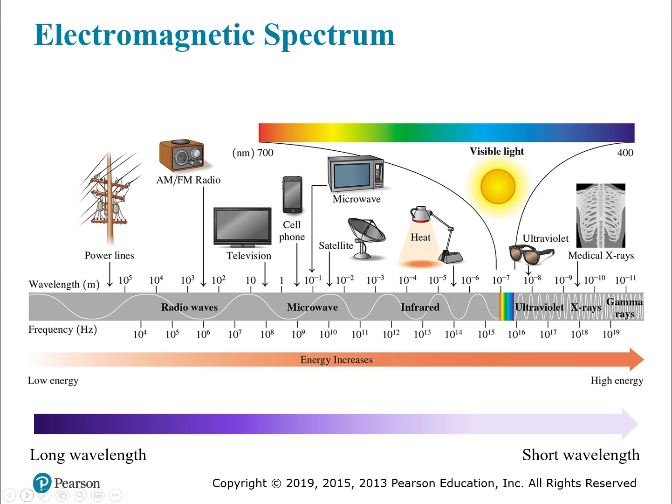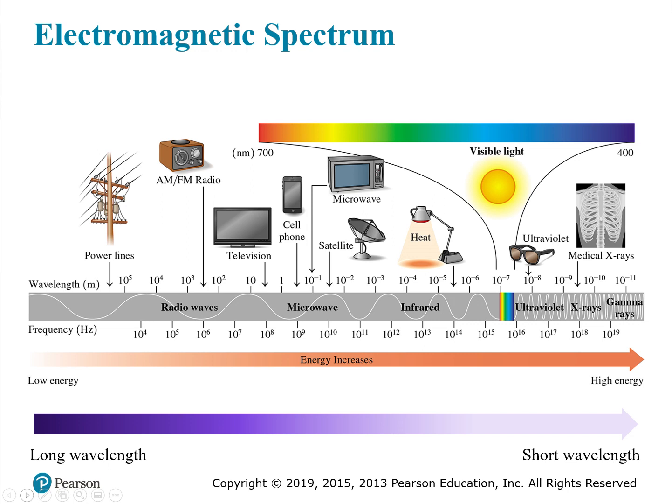So the electromagnetic spectrum. How many people have seen this before? By a show of hands, or you can say me. So if you had physics or if you had chemistry in high school, this is probably something that you've seen before.